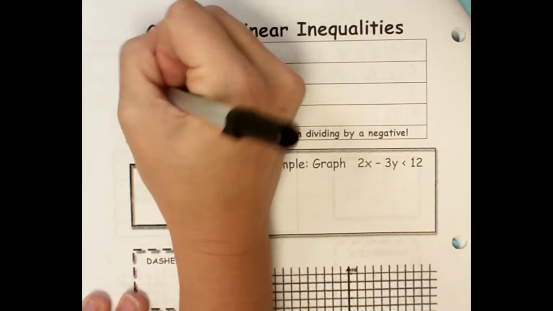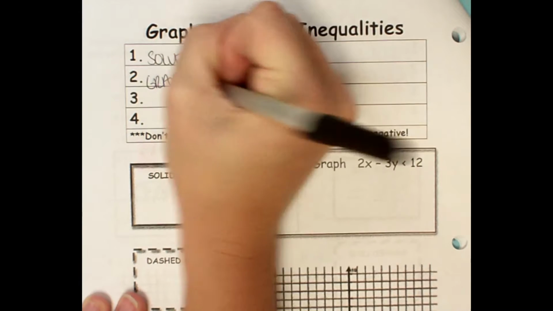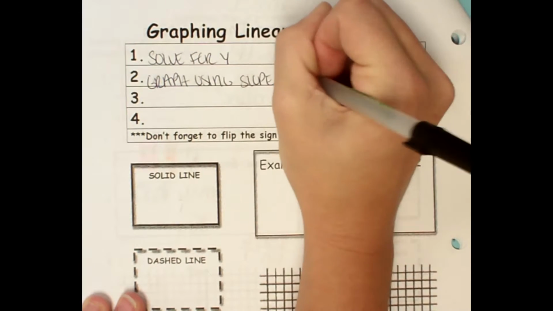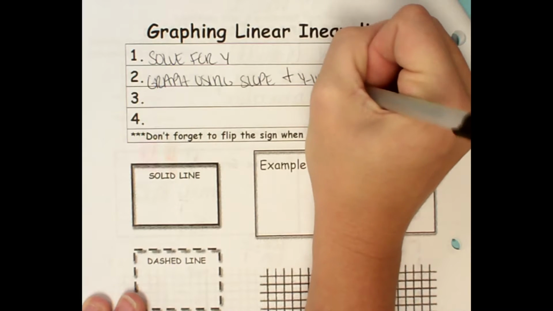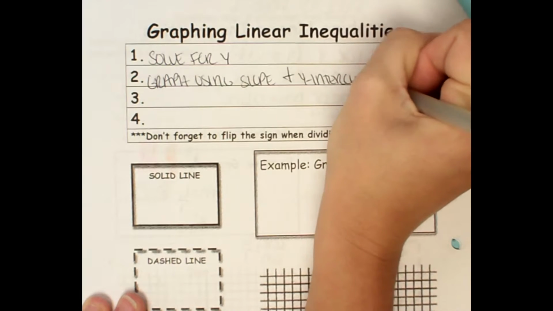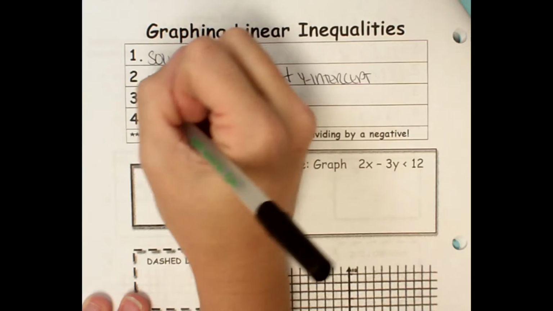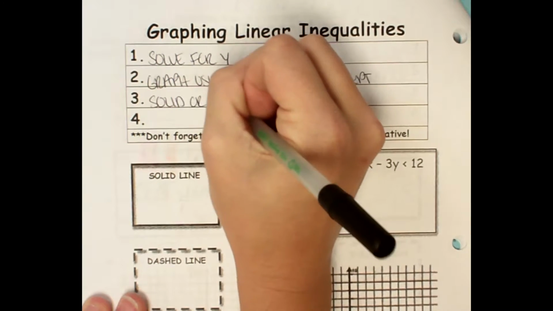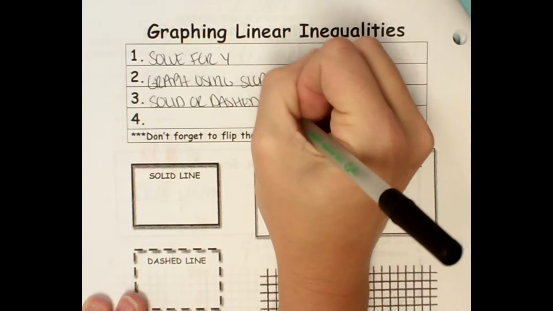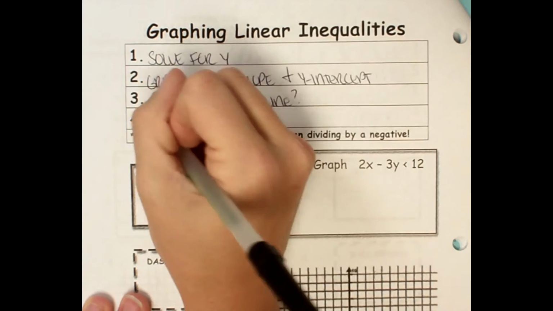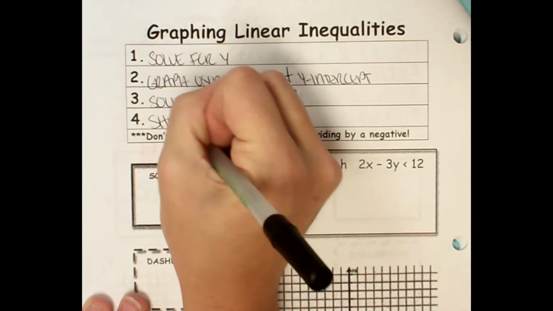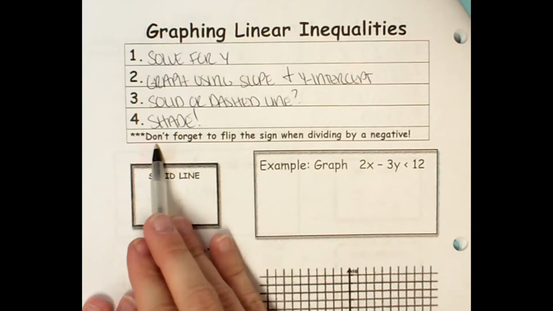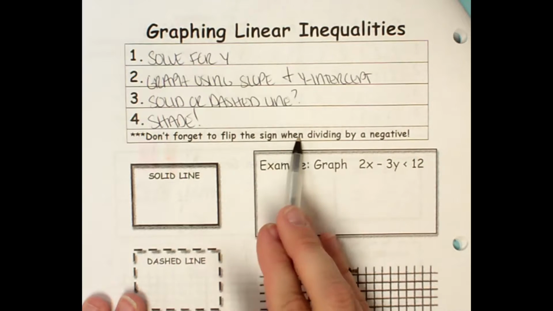You want to graph using your slope and y-intercept. Step 3, then you decide, are you using a solid or dashed line? And then you make sure you don't forget to shade. Also, what we need to remember, don't forget to flip the sign when dividing by a negative.